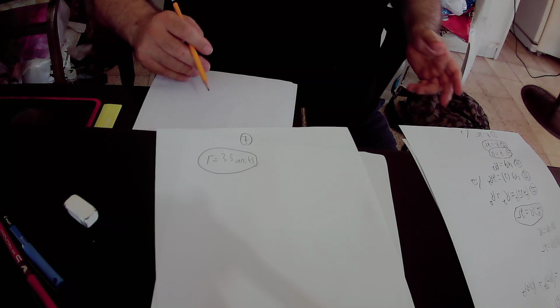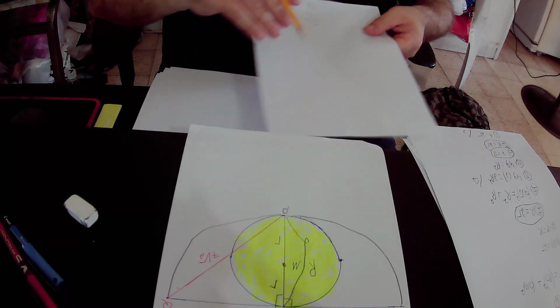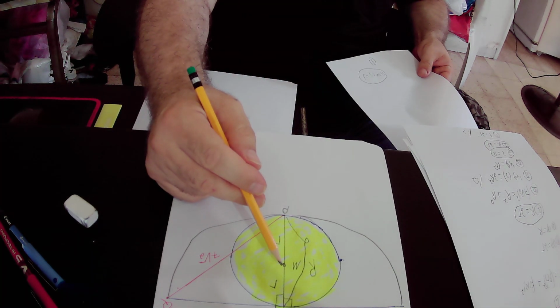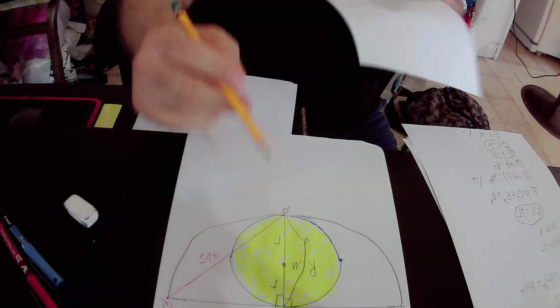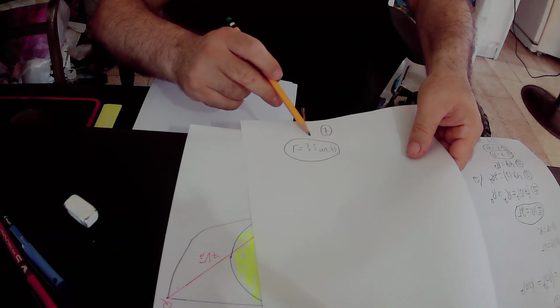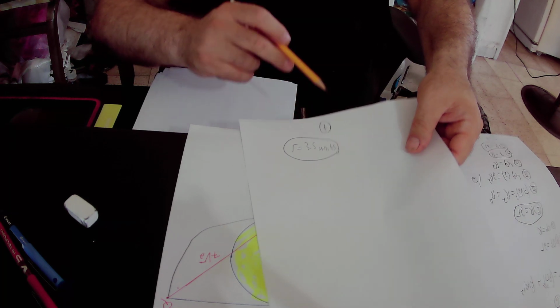So the radius of the yellow circle, that is to say small r, equals 3.5 units.